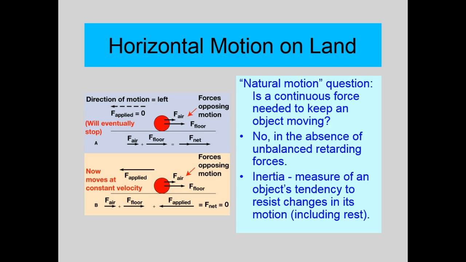It's going to change its velocity. It's going to accelerate positively or negatively. This was a negative acceleration. This is a zero acceleration because in this case, the net force is exactly zero. The applied force is exactly equal to the two opposing forces, and so therefore the net force is zero.